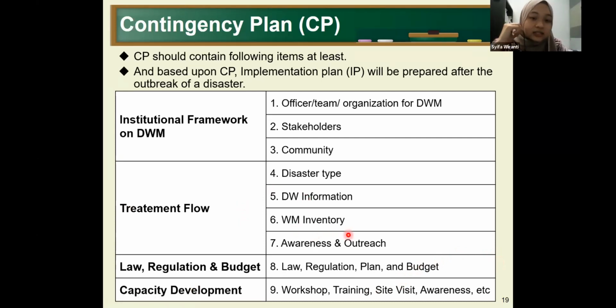Higashi Sensei, I think it's interesting, but in my opinion, it's easier said than done. And my question is, how can we prepare a contingency plan for disaster waste? I think prior to considering a specific contingency plan, we have to conduct a baseline study for each item. And we should discuss ideal disaster waste management with stakeholders.